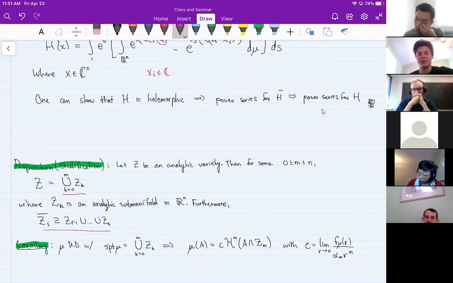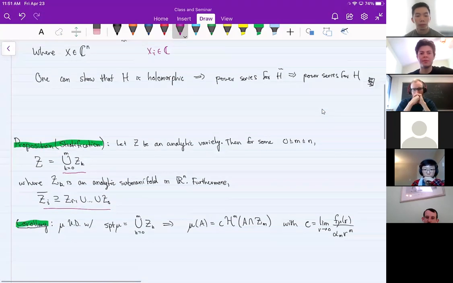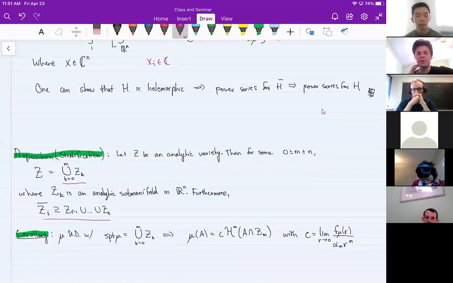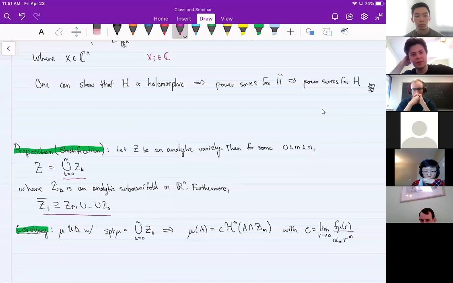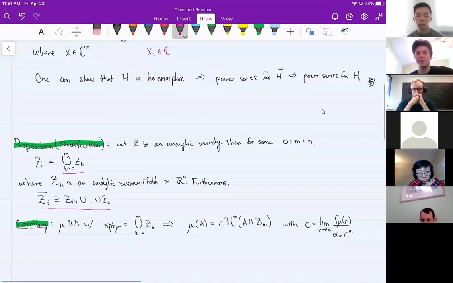Okay, so this is a really nice structure theorem about the form that these things can take. And so a corollary that I won't prove, but I'll just state, of what this means for uniformly distributed measures is that if I assume the support of mu is this union from k equals 0 to m of these Z_k's, then really mu is just measuring the volume of this top dimensional manifold.